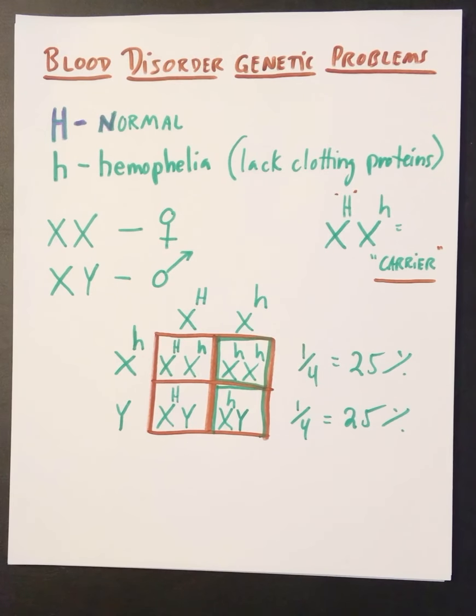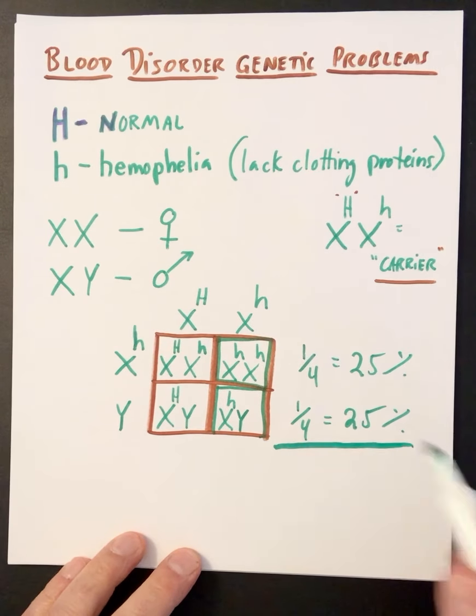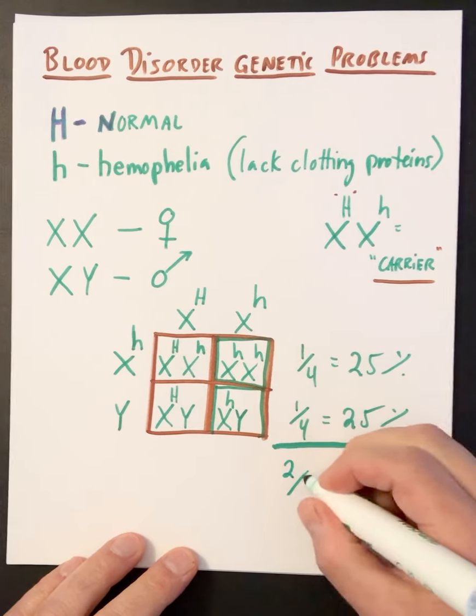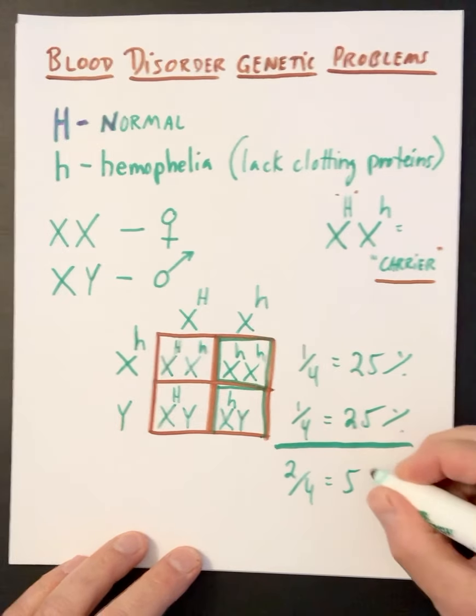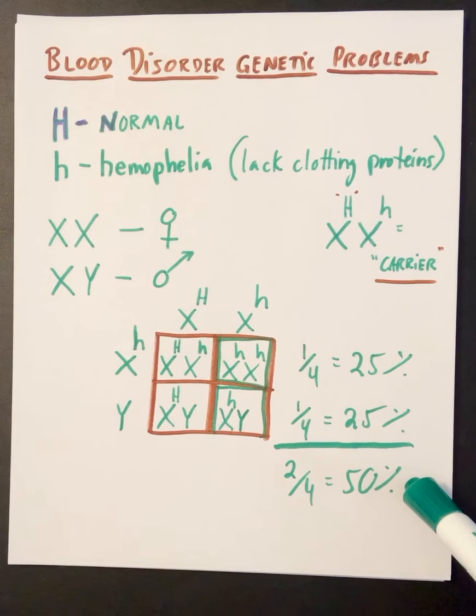The probability of having any child with hemophilia is actually going to be 2 out of 4, 50%. So what that means in terms of probability is that anytime they have a child, they will have a 50% probability of their child having hemophilia. Okay? So that's the story.